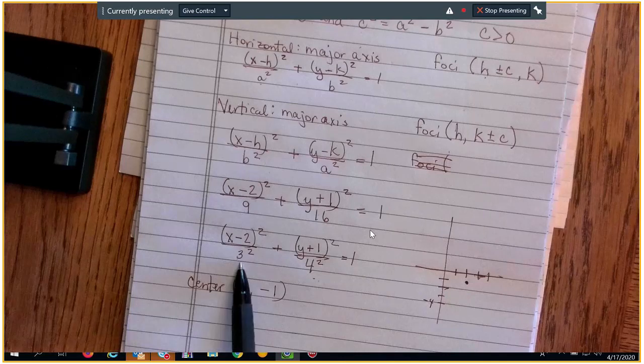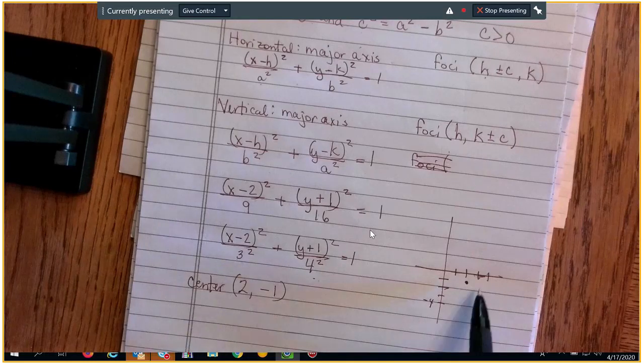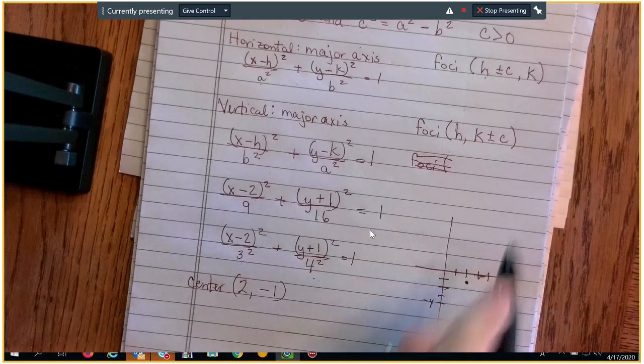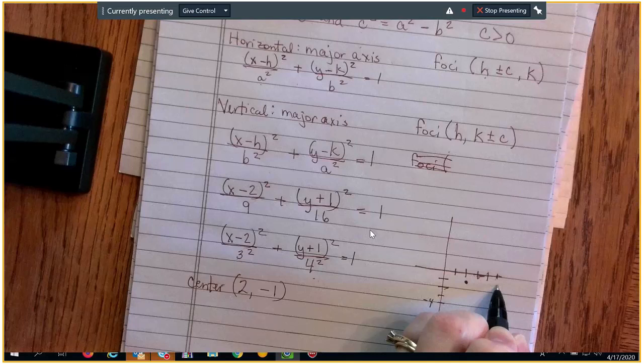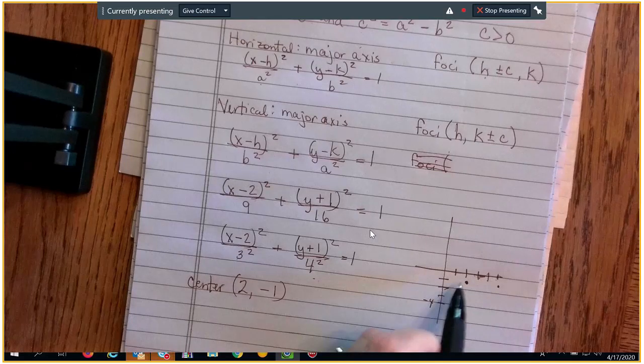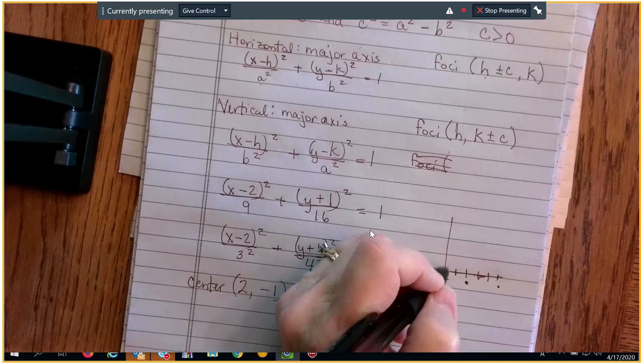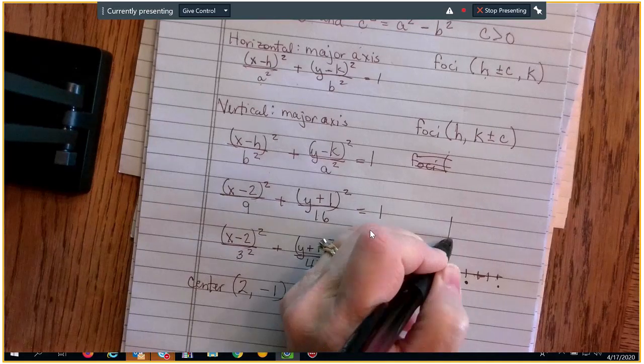Now, this is telling me the distance from the center. So I'm going out 3, 1, 2, 3 from the center here, and that's going to be an edge. 1, 2, 3. And then I'm going to go up 4. 1, 2, 3, 4.